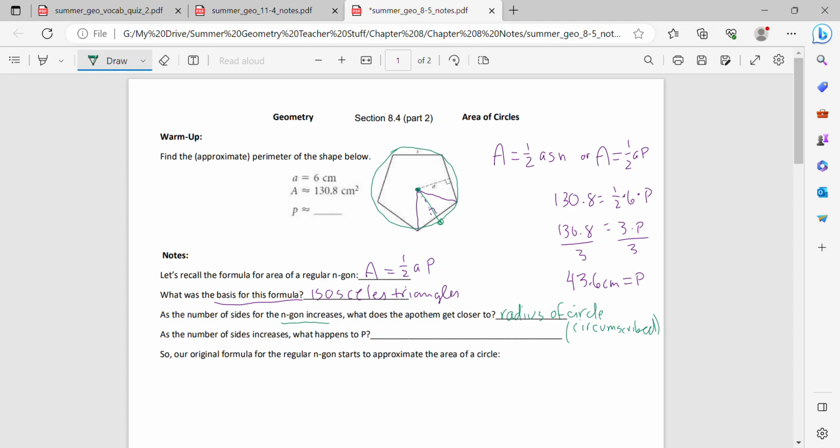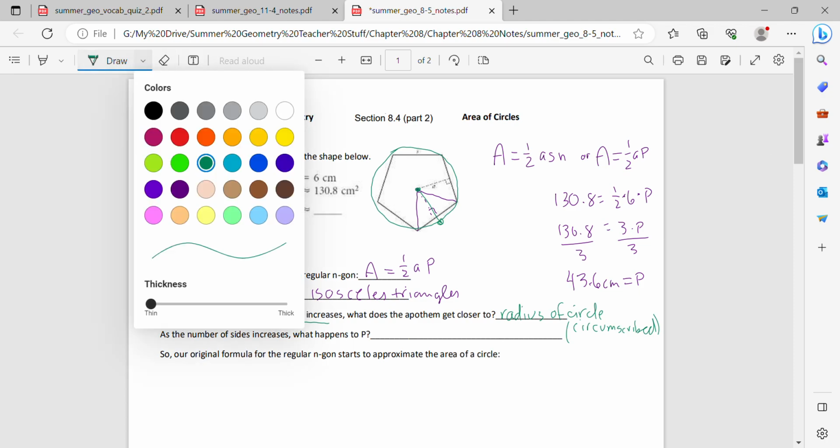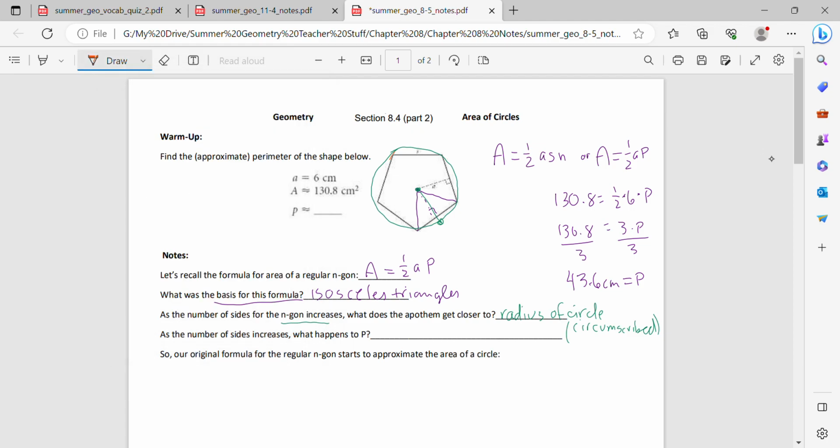And as the number of sides increases, so let's say again, instead of us having a pentagon, let's say we had something with 12 sides or 14 sides, or closer and closer. As you can see, the perimeter of our yellow or orange inscribed shape is closer to the circumference of the circle than the pentagon is.